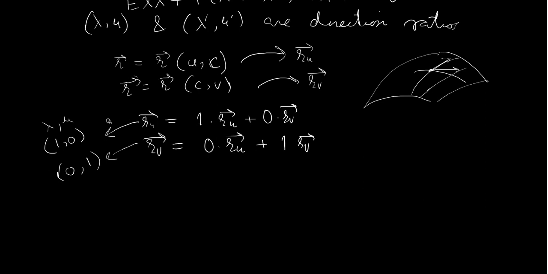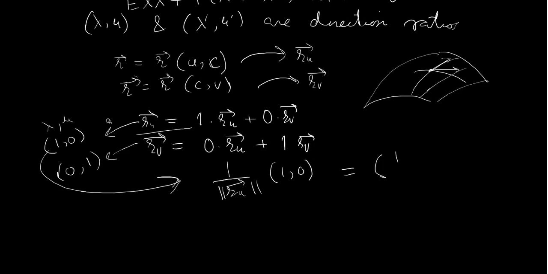Suppose I want to evaluate the direction coefficients of this direction. Direction ratios are already known, so I just have to divide by its magnitude, mod of r sub u, into 1, 0, which can be written as 1 by root of E, 0.